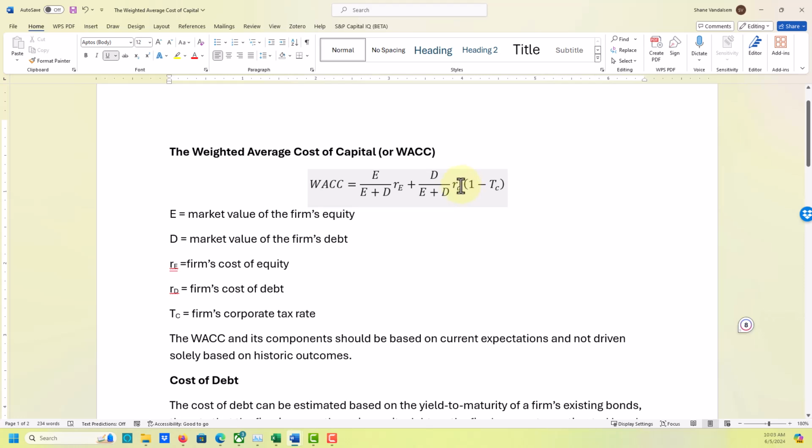And then we multiply that value by 1 minus the corporate tax rate for the firm, because the firm gets to deduct its interest expense for tax purposes. So it actually lowers that cost of debt for the firm.